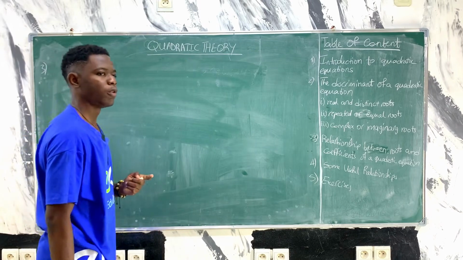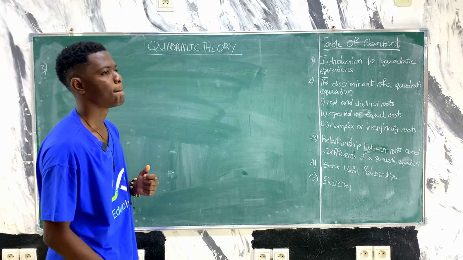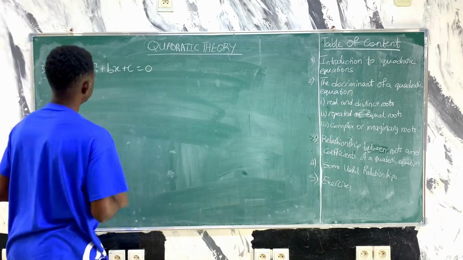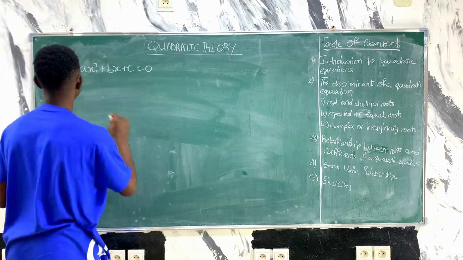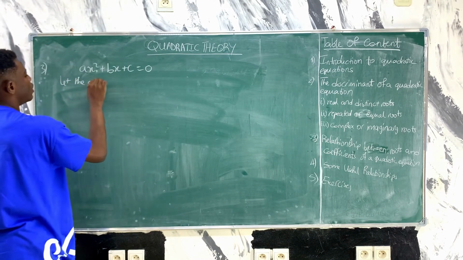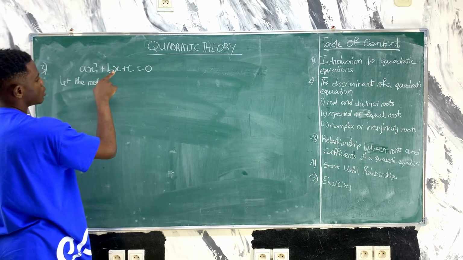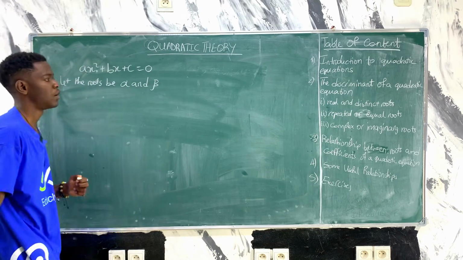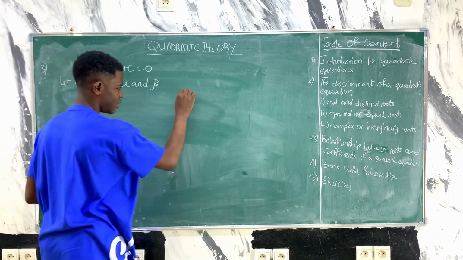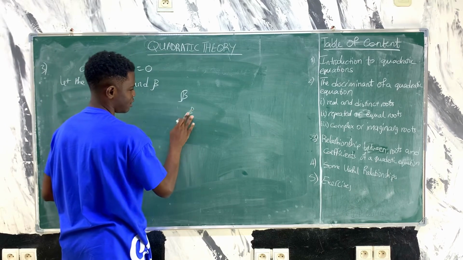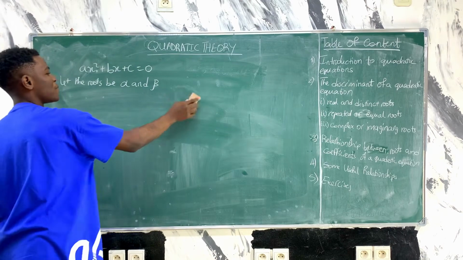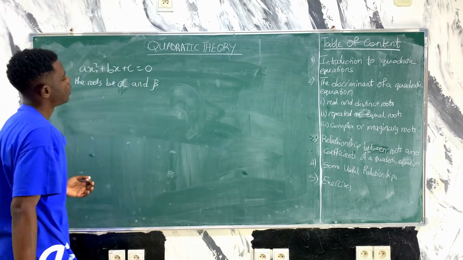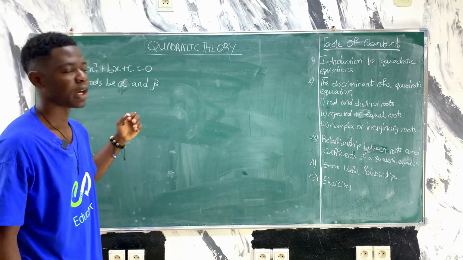So for a quadratic equation of the form ax squared plus bx plus c equal to 0, let the roots of this quadratic equation be alpha and beta.